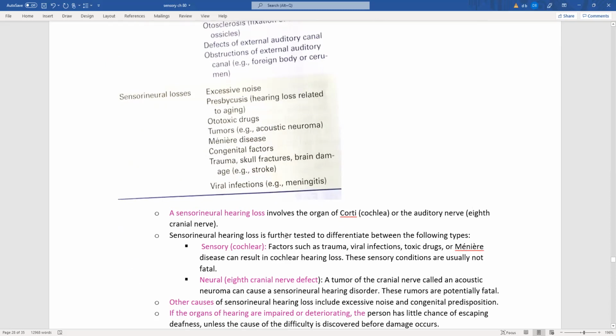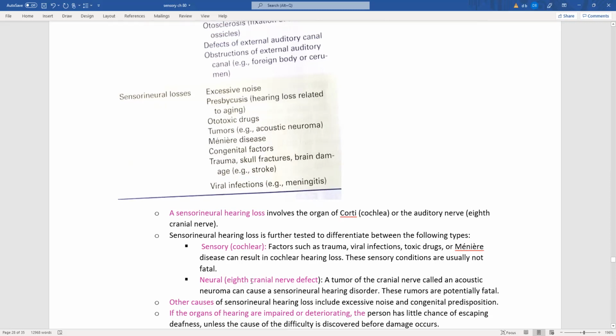Sensory hearing loss is further tested to differentiate between the following types: sensory cochlear factors such as trauma and viral infection. We just read that toxic drugs or Meniere's disease can result in cochlear hearing loss. Like I told you, Tank, the singer, has Meniere's disease. These sensory conditions are usually not fatal.